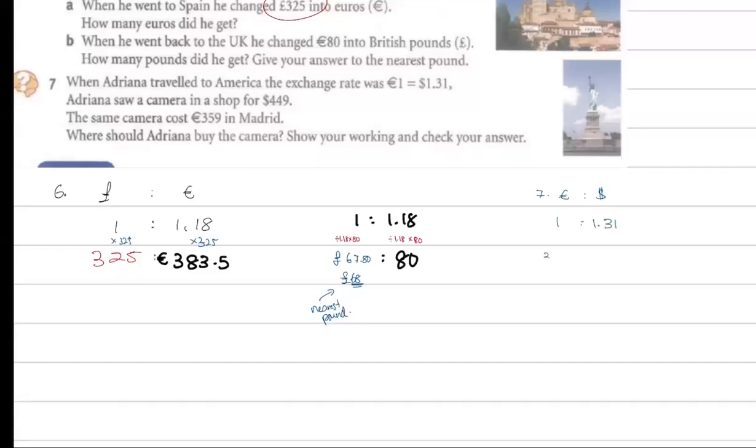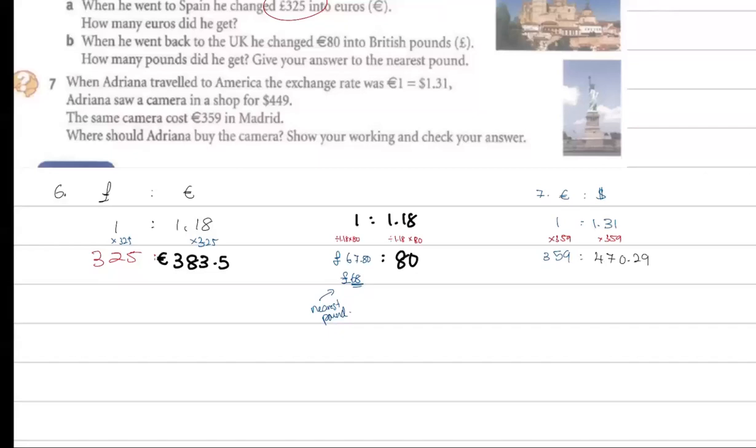So if it's 359 euros, it would be $470.29.